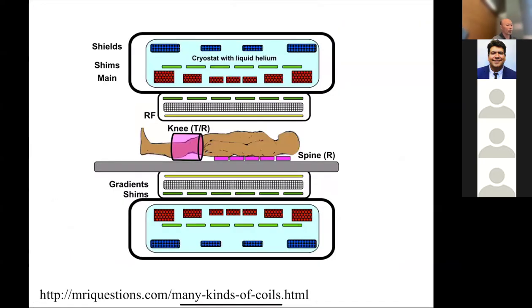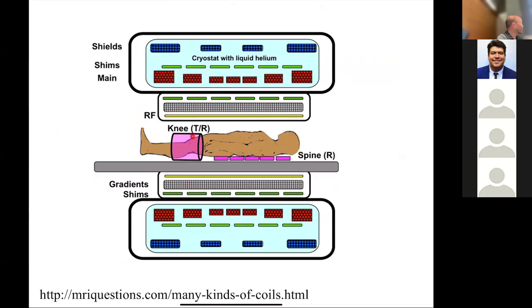Okay, so we've talked about this part of the magnet, all the wiring, the main field. Now we're going to talk about the RF. And in most magnets there's always what's called the body coil. This is going to generate RF fields across the whole magnet area.